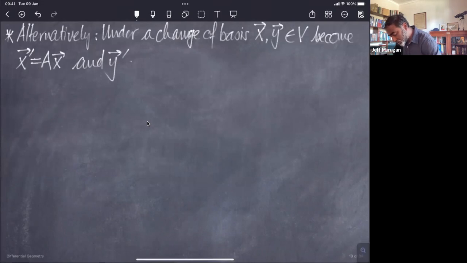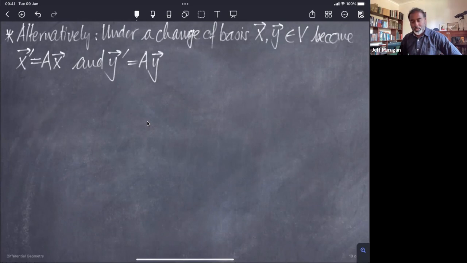It goes to y prime, and y prime is just Ay, like such. Okay, here, I mean, you take the A_μ^ν's, you arrange them in a matrix, and you multiply it with the vector x in the usual matrix multiplication form.